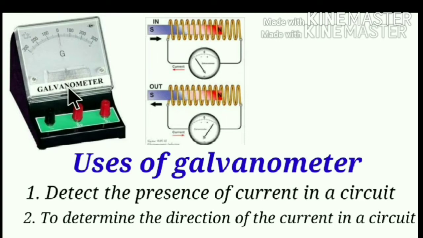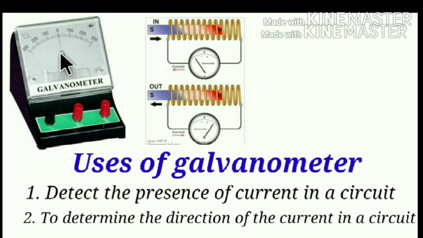With the galvanometer we detect the presence of current in a circuit, and we also use it to determine the direction of the current in the circuit.